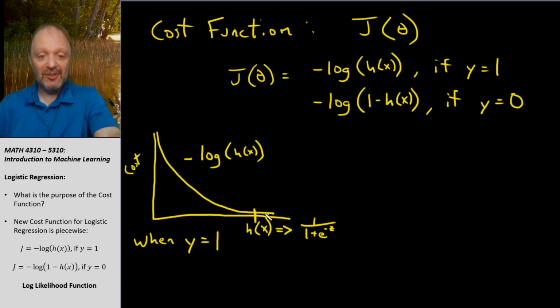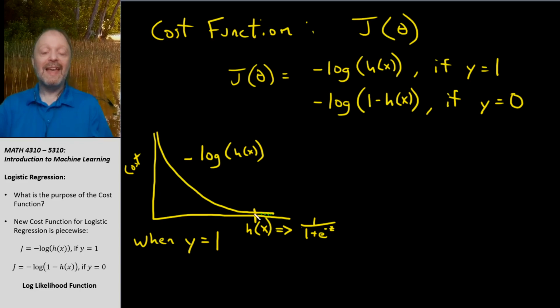I'll even change color and try to color that in. That is really close to a 0 cost. So if it belongs in group 1 and the value is out here, it will have a very low cost. It correctly sorted it into the correct group.